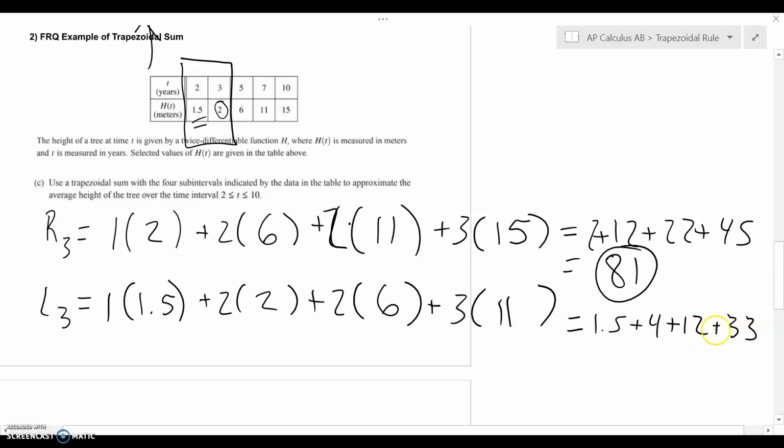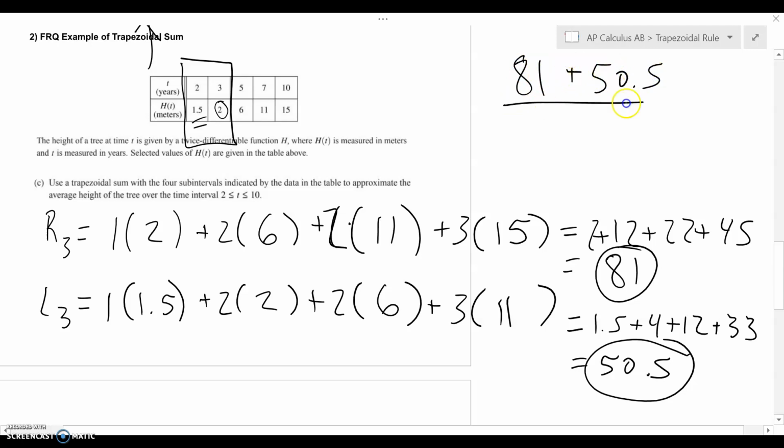So the 33 and the 12 would be a 45. There's a 49. There's a 50.5. When we put those together, we take our left edge, take our right edge, add them together, divide by 2, and that's going to give us a trapezoidal sum. So let's see, that would be 131.5 divided by 2. This is free response.